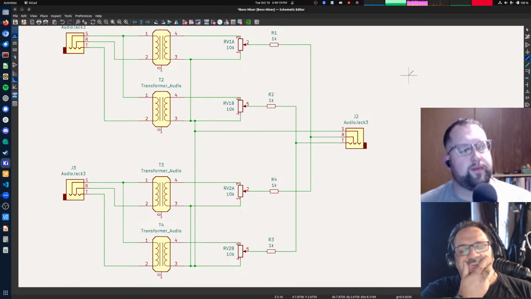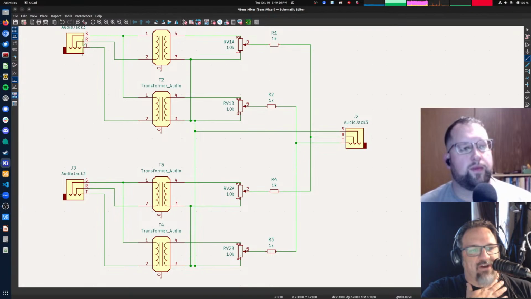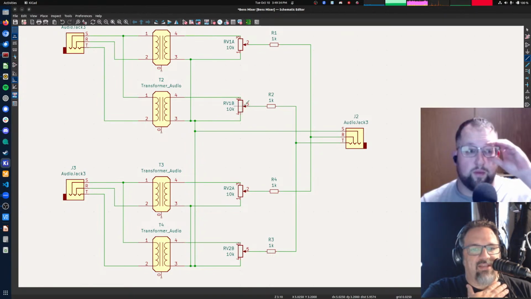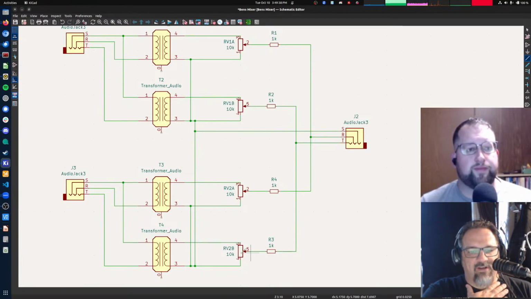Okay. So, the problem here is that signal, as I was describing earlier with my hands, let's actually show it on the screen. Signal coming in from the tip on this goes through this transformer, goes up here through whatever impedance is visible on this pot, through that 1K, down here, through that 1K, through that pot, back through this transformer into the output over there.